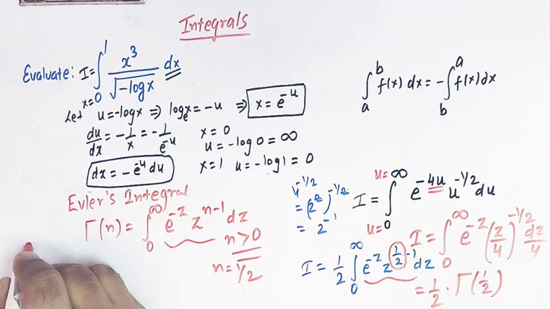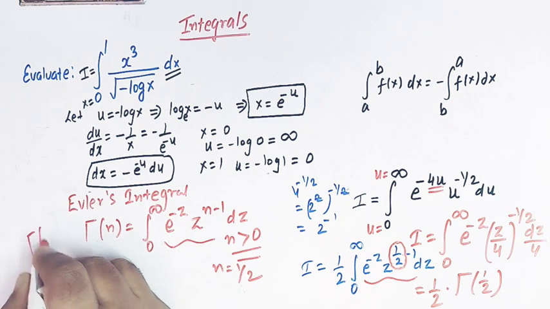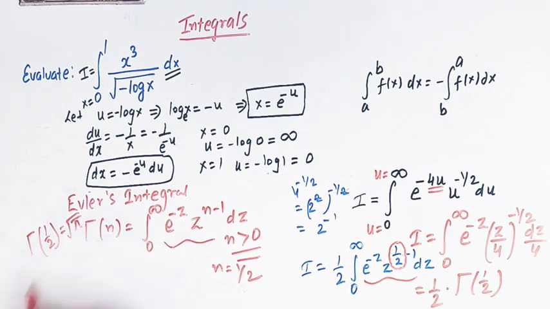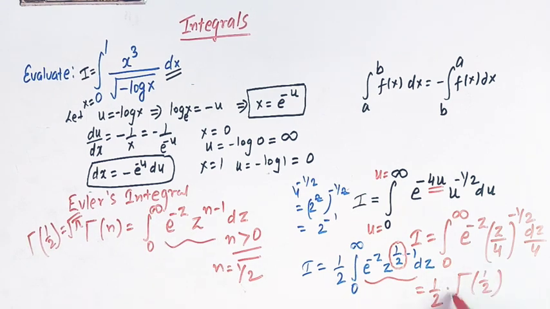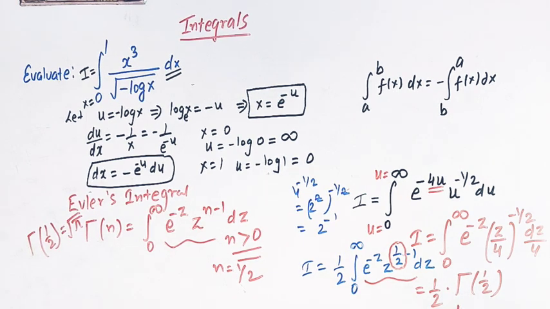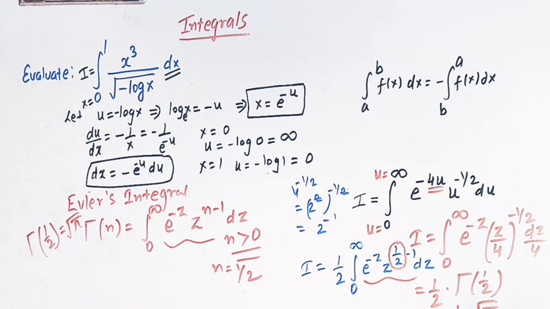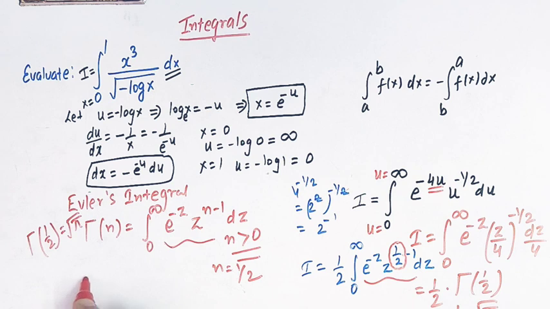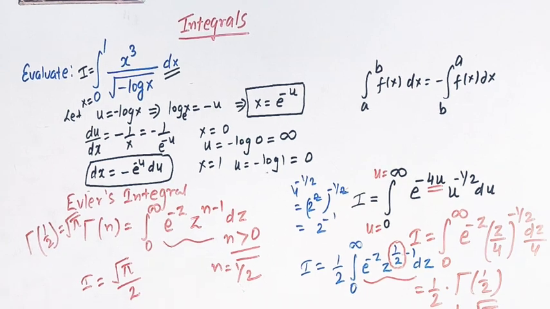And we know that the value of gamma of half is square root of pi, right? So here we can replace the value of gamma of half with square root of pi. So we have half times square root of pi, right? So viewers, the value of this integral I is equal to square root of pi divided by 2, right?